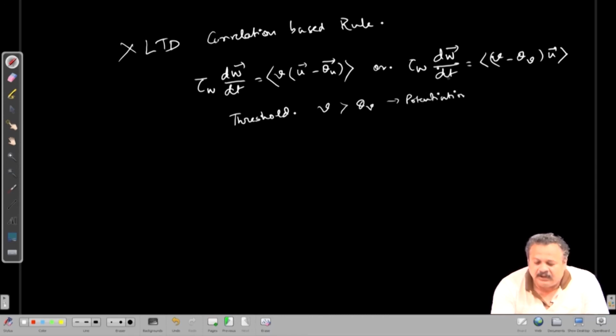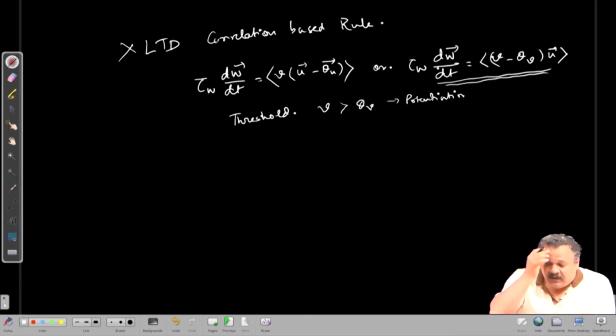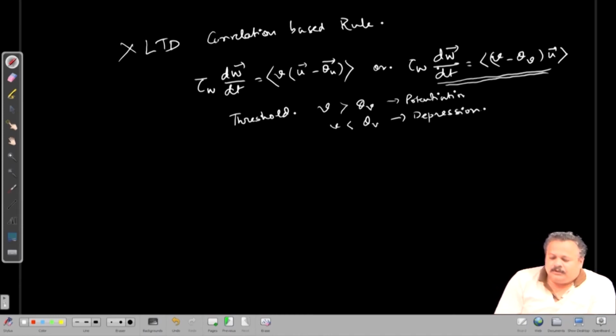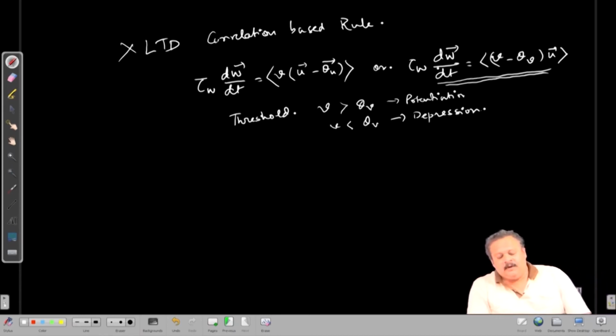I am talking of the second form, which is this one, and when the output is below the threshold, we get depression. So, with this we are getting the possibility of potentiation and depression.